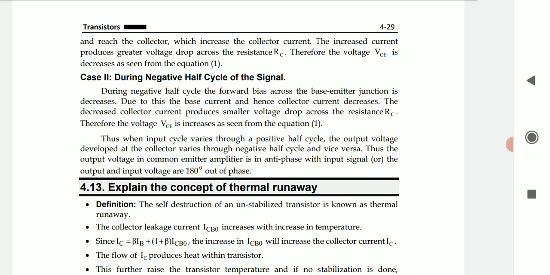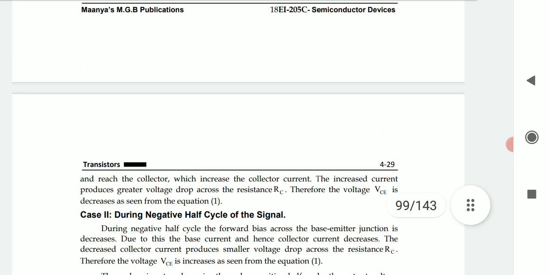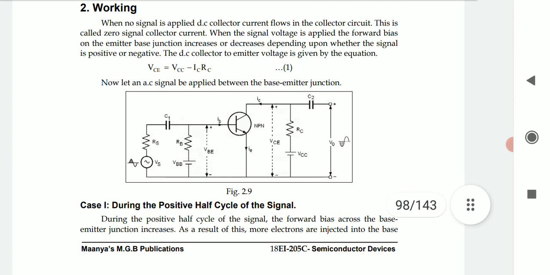Just now we discussed in tabular form, the phase reversal in common emitter occurs because of this reason. When the positive half cycle is applied, what will happen from the equation? VCE is the output voltage. When the positive half cycle is applied, the collector current increases.